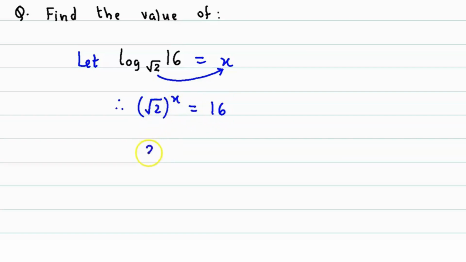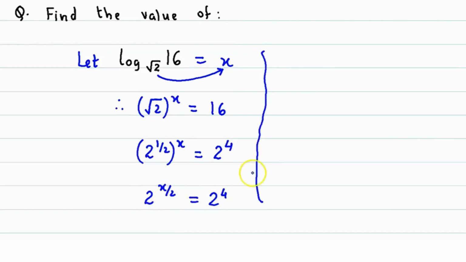अब √2 को हम लिख सकते हैं as 2 raised to half raised to x is equal to, अब इसे भी हम 2 के पावर्स में एक्सप्रेस कर सकते हैं as 2 raised to 4. So we have 2 raised to ½ into x, that is x by 2 is equal to 2 raised to 4. बेस सेम है दोनों तरफ, तो हम पावर्स को इक्वेट कर देते हैं, तो हमें मिलेगा x by 2 is equal to 4.